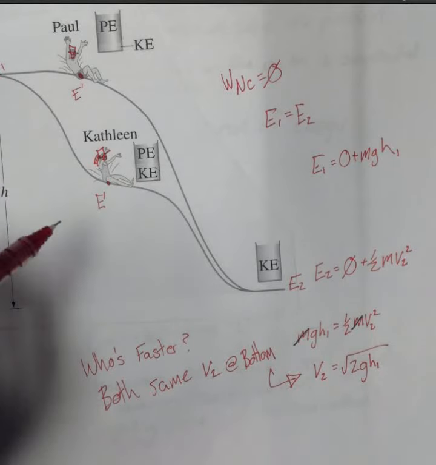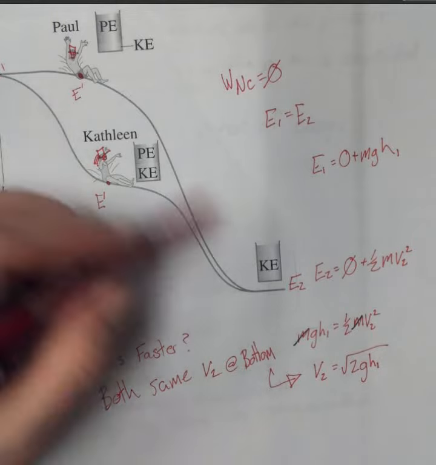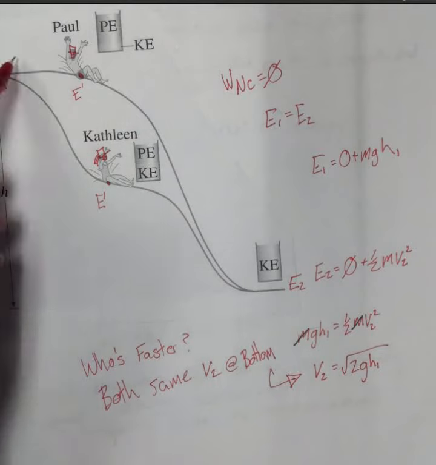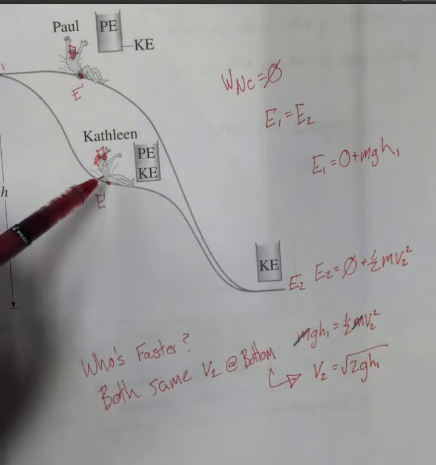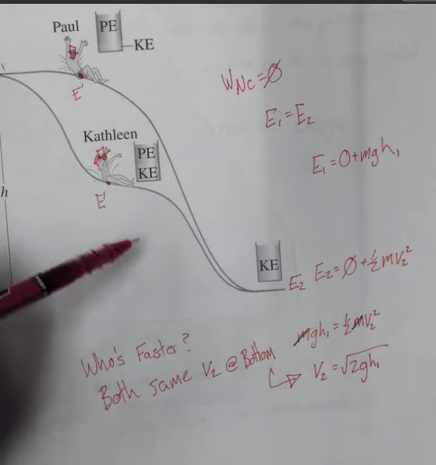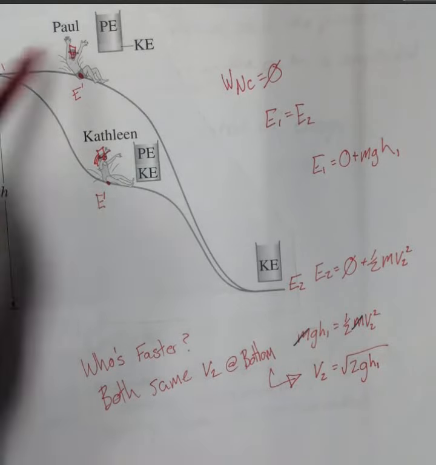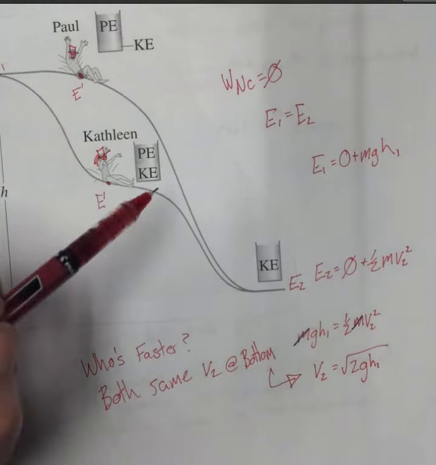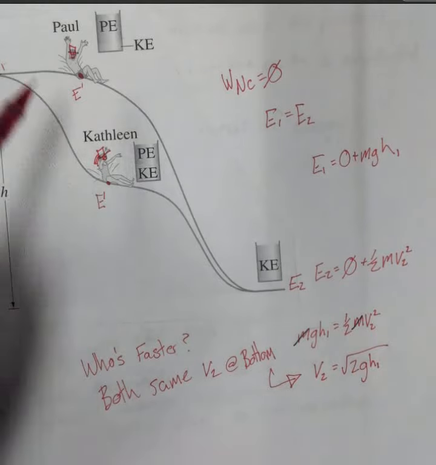And if we study the shape of the 2 slides, we notice that the entire time that both Paul and Kathleen are falling down the slides, Kathleen is lower than Paul, which means that the entire time that they're going down the slides, Kathleen's energy is made of more kinetic energy. So that means that she has a higher velocity throughout the entire experience.